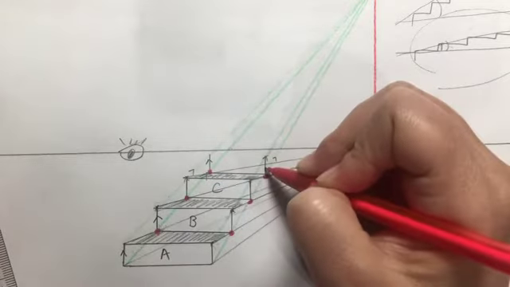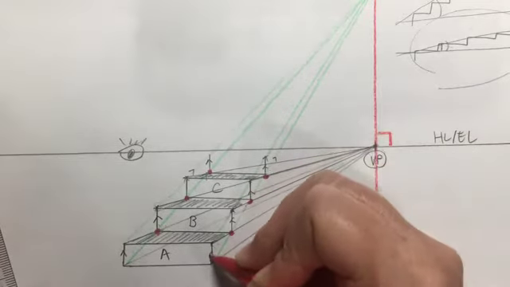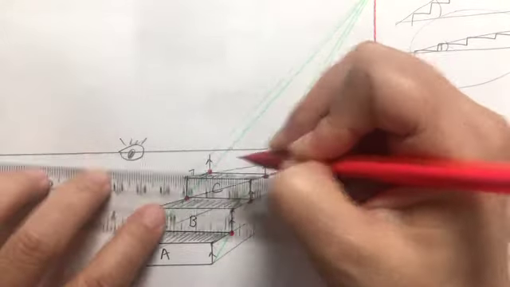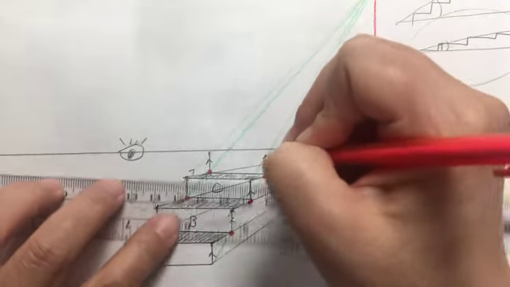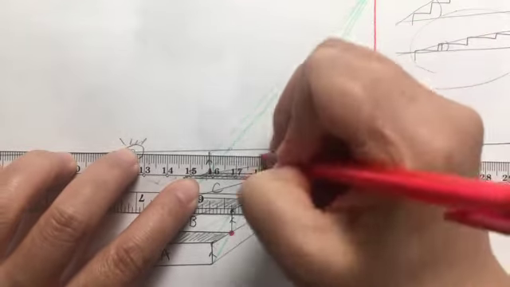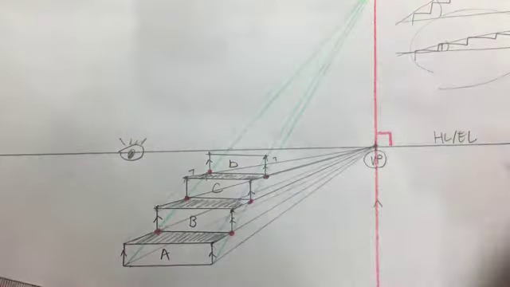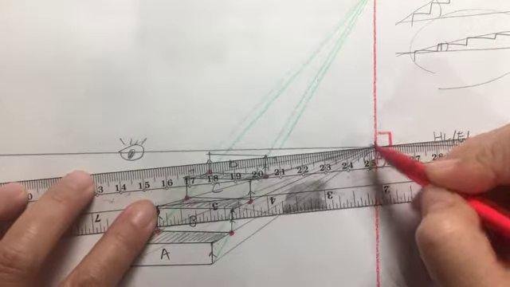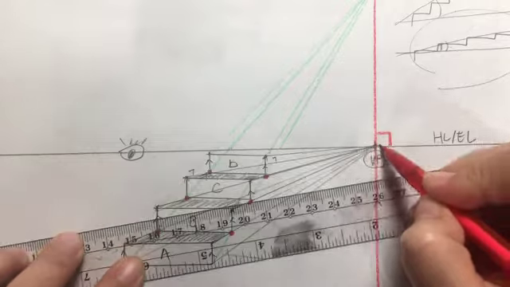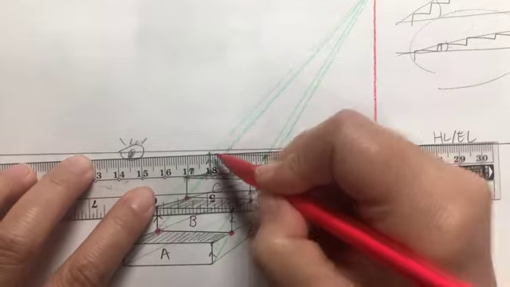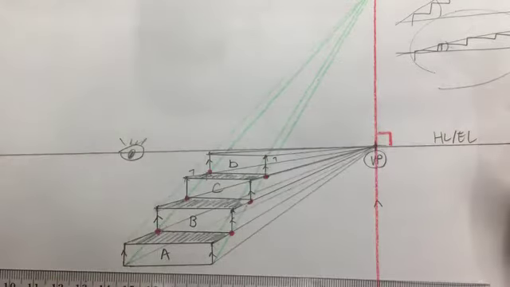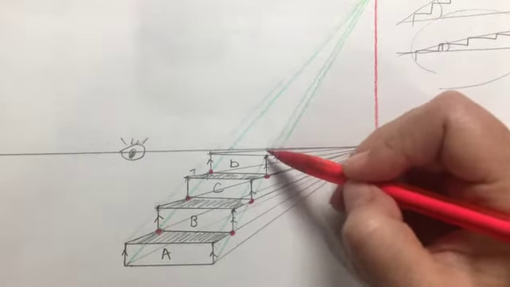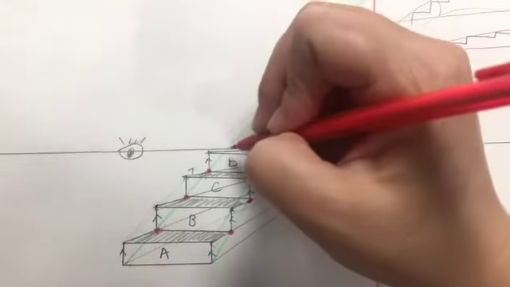Remember, vertical always remains parallel, right? Okay, now these two lines intersecting, so this is the step D, right? Okay, so from here I'll do the same thing, continue and continue, and then my drawing just ended up very close to the eye level, so you can't really see too much.